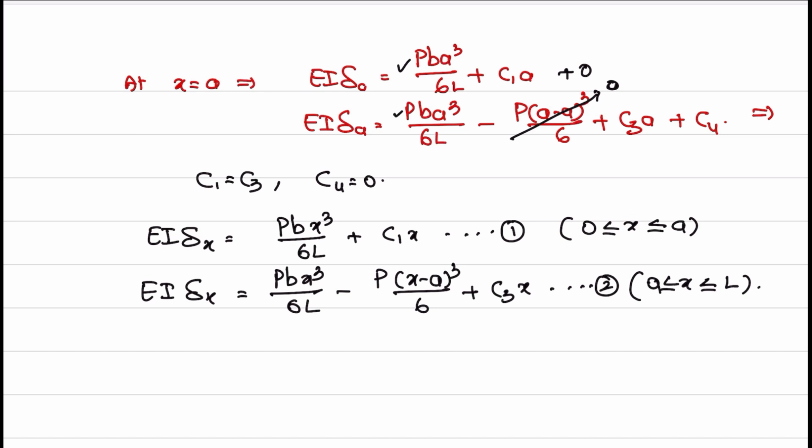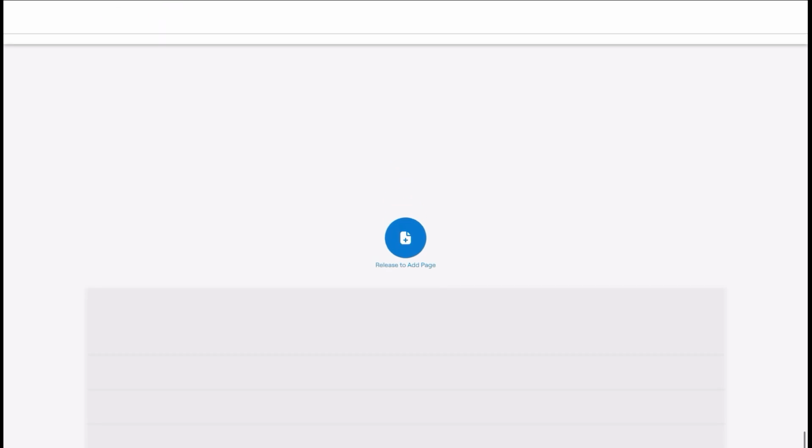Now we will apply the boundary condition at L. For this new second equation, apply the boundary condition at L, at the second end support of the simply supported beam. M is equal to 0, delta is equal to 0, that is M at L is 0, delta L is equal to 0.